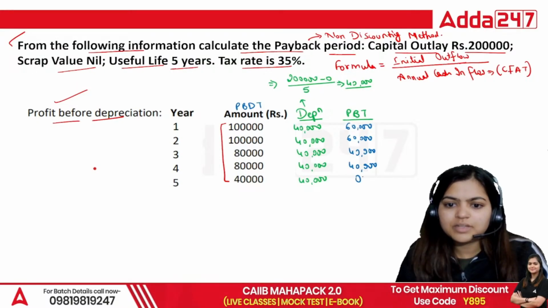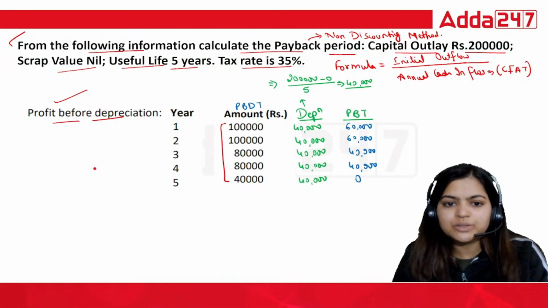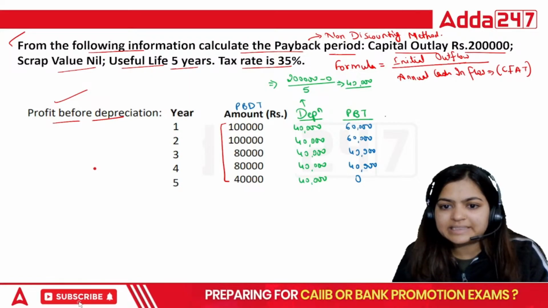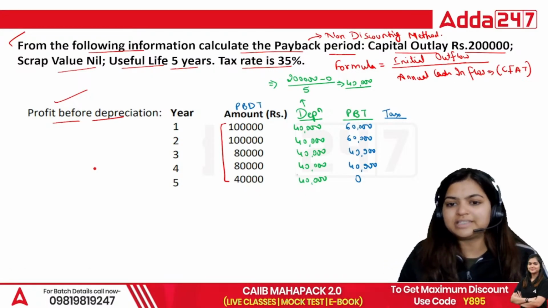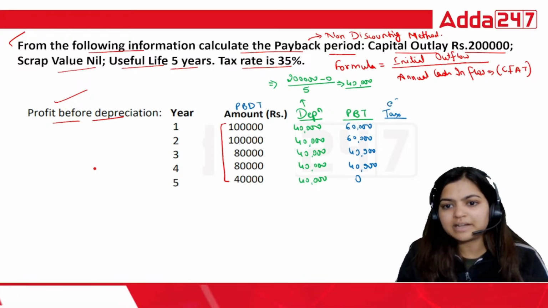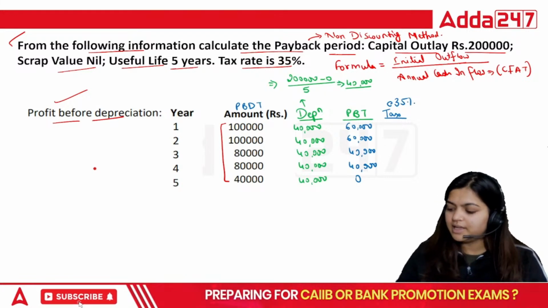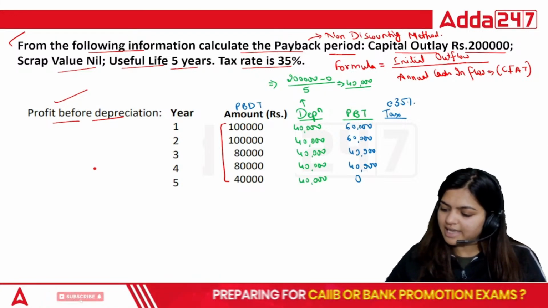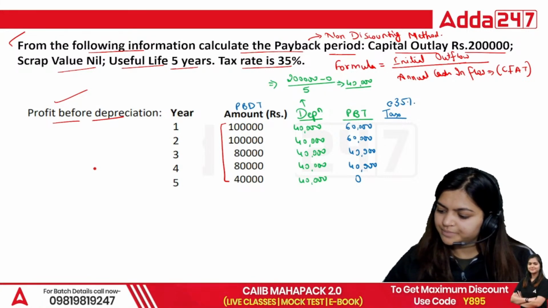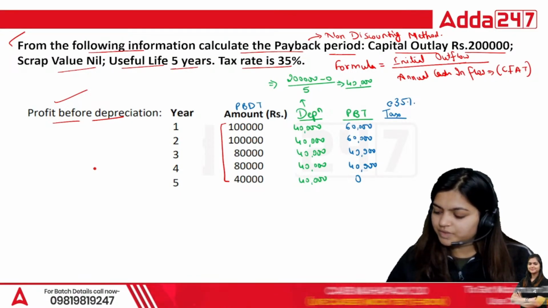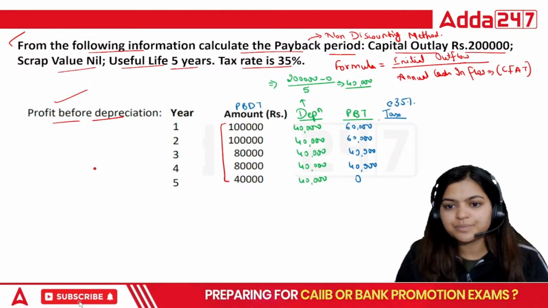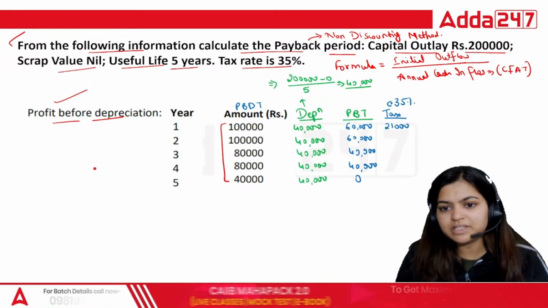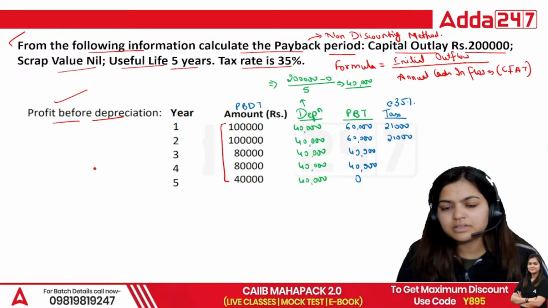Yes, okay. Now what do we need to calculate? We need to calculate tax. Yes, tax we are going to calculate on your profit before tax. And what is the tax rate given over here? That is 35%. Okay, so let's calculate tax for each year. 60,000 is your profit, 0.35 is your tax rate. Tax amount is going to be 21,000.